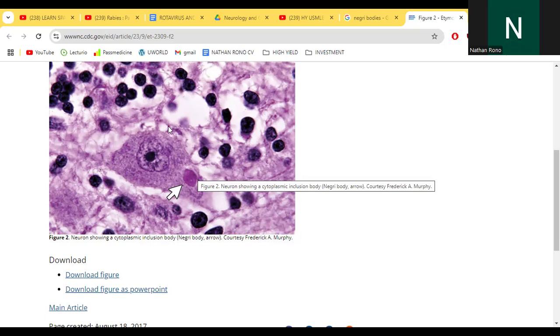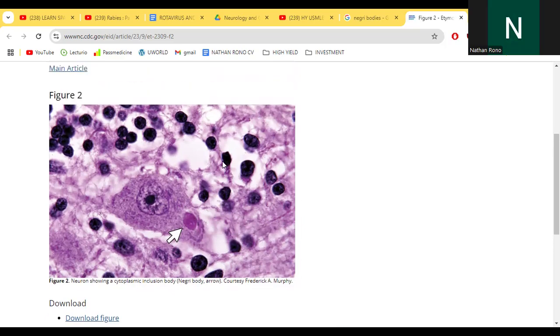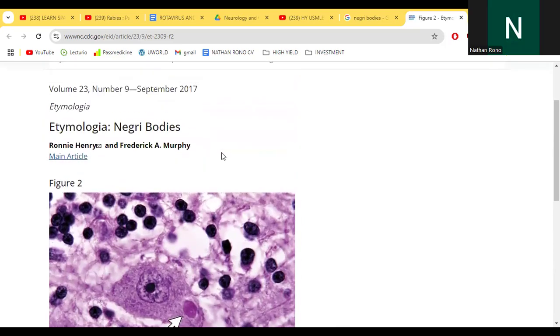This is basically a neuron and this is the cytoplasm of the neuron. This is the Negri body. Those are the things you're going to find in autopsy. A neuron showing a cytoplasmic inclusion body, a Negri body. That's what we call the postmortem finding of rabies.